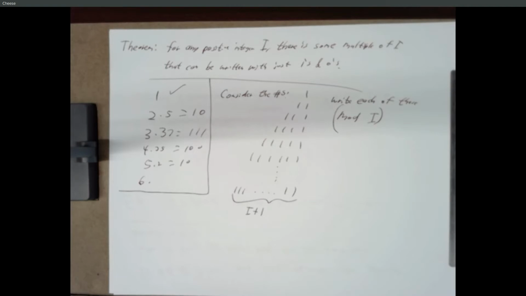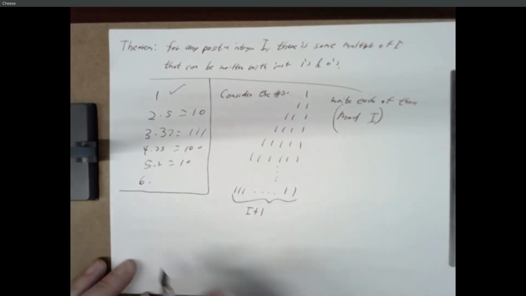How many different possible answers can we get? If we're writing things modulo 5, everything is congruent to either 0, 1, 2, 3, or 4. 5 things. If we're working modulo 3, everything is congruent to either 0, 1, or 2. 3 things. If we're working modulo I, there's only I possible congruences between 0 and I minus 1.